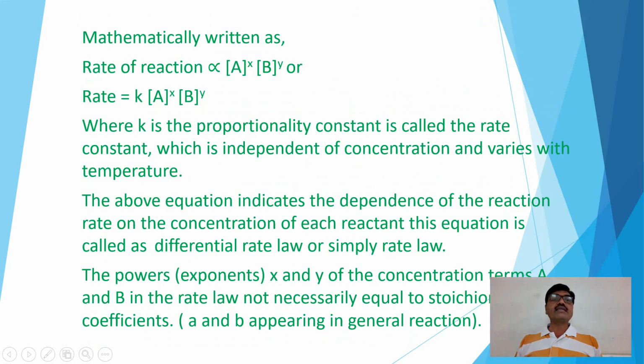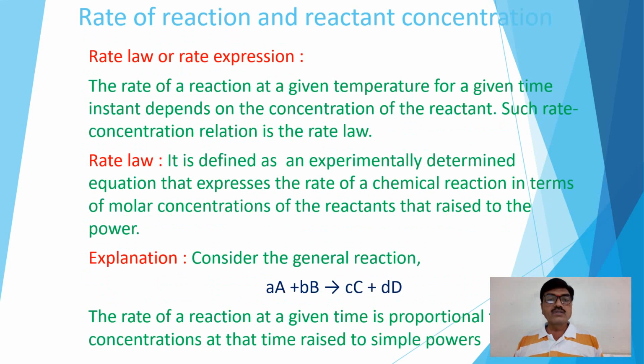Let us see the explanation. Consider a general reaction, A plus B gives C plus D. The rate of a reaction at a given time is proportional to its molar concentrations at that time raised to simple powers.